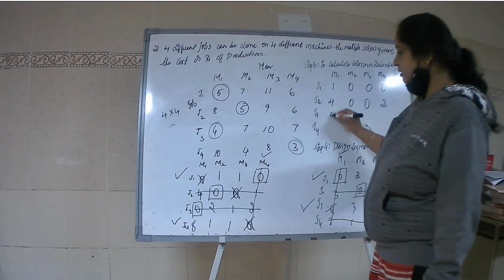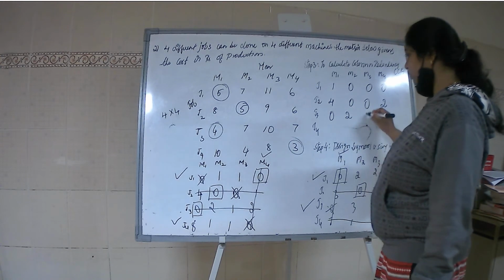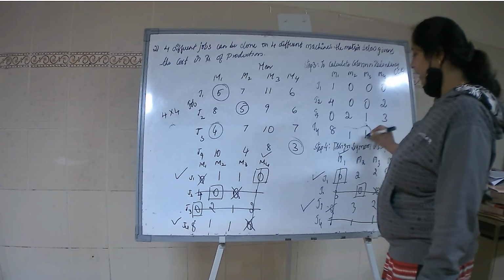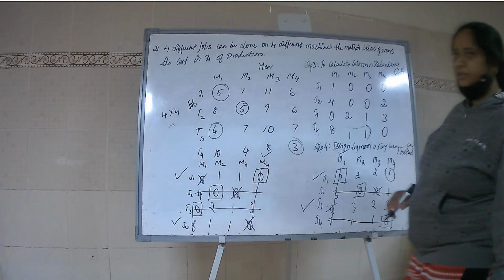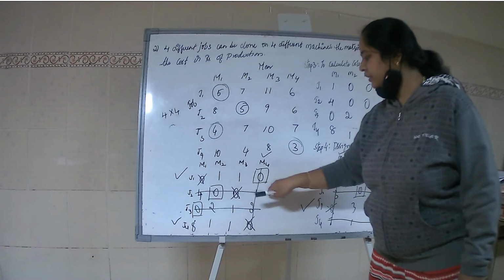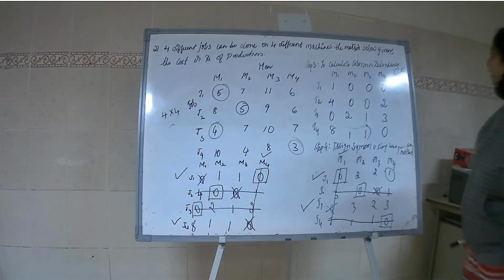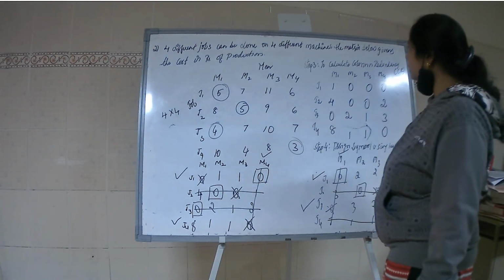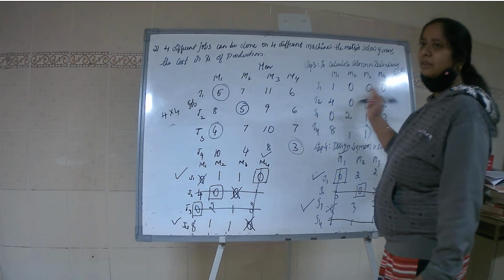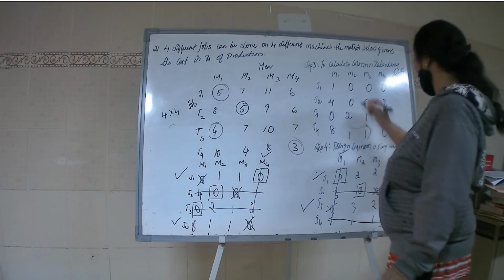Then next is 0, 2, 1, 3, 8, 1, 1, 0. Single strike. Here intersection, here intersection. Now again we have to do the assignment. Either way I take, it will come out.